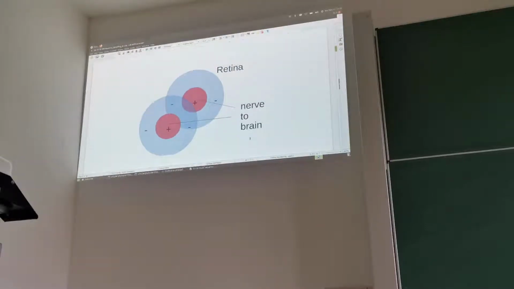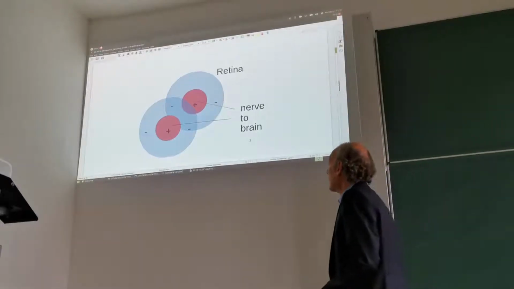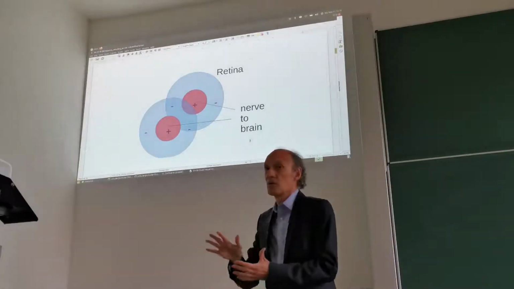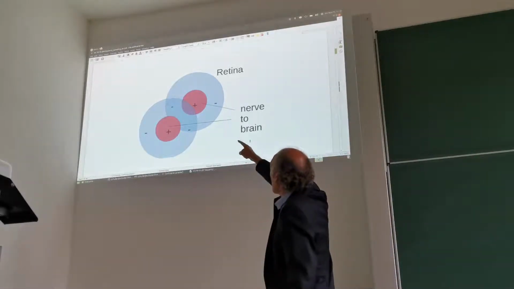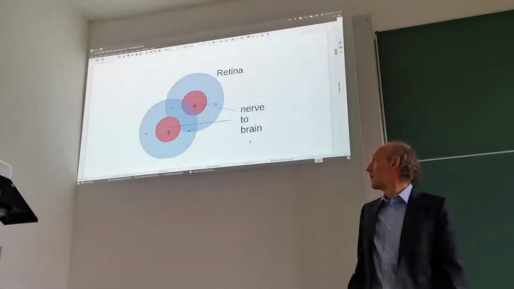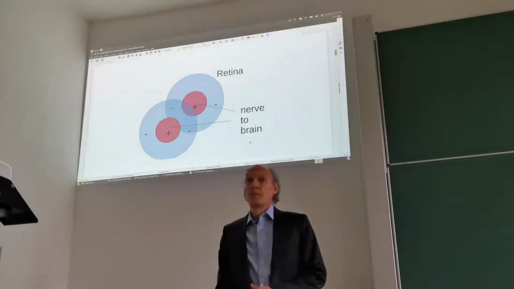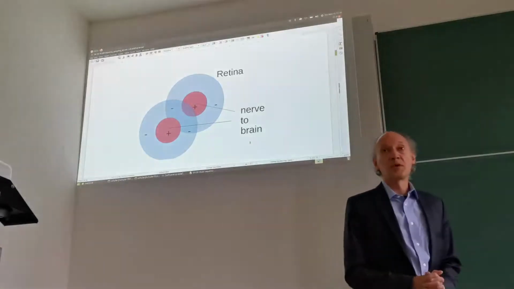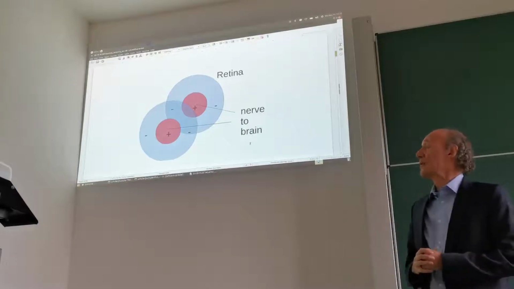So here you kind of have a schematic top view of what's going on in the retina. So here you can imagine you look onto the retina. And here you can see in the center of those dots, you have the nerve cells ending. And the red circles have the positive weights, and then outside those red circles, you have the negative weights.